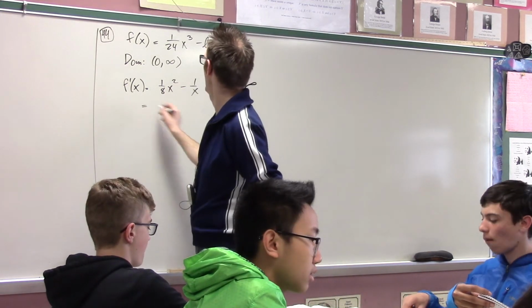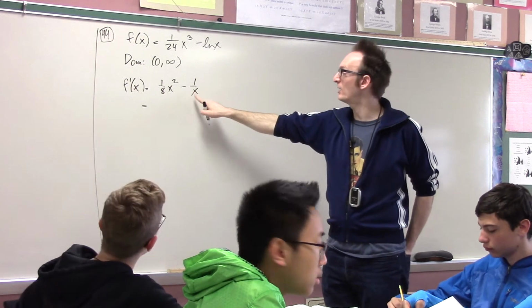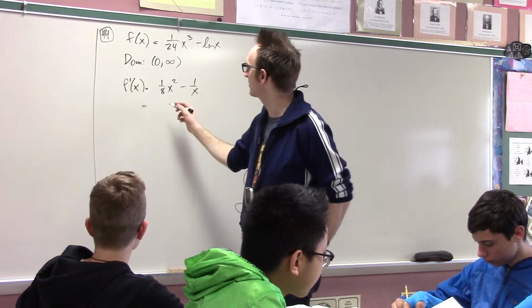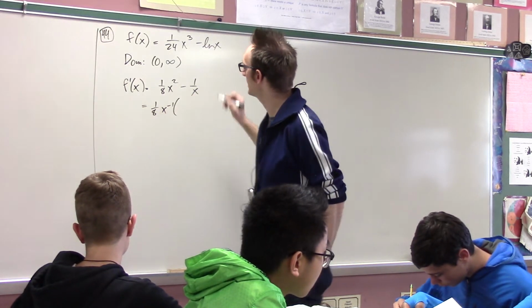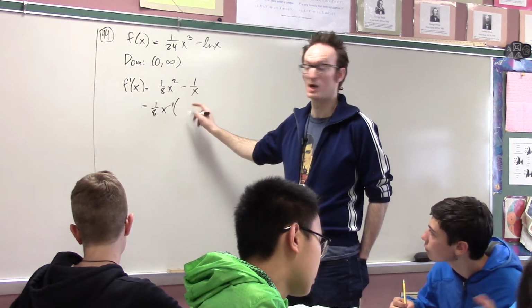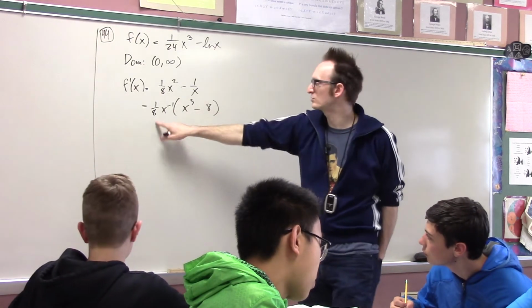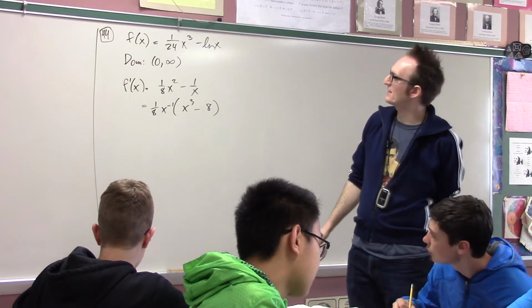I want to take out the lowest power of x, which is x to the negative 1, and I'm also going to take out a 1/8. So if I take out 1/8 x to the negative 1, then I'm left with x cubed minus 8. Again, you should always multiply it back through to make sure that you didn't make some kind of factoring error, but I have not.